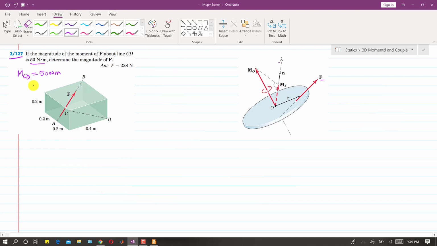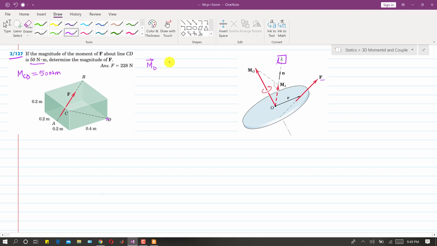So now in this problem we are given this MCD. So consider this CD as that lambda axis, that arbitrary axis, right? So first let's suppose I find the moment about this point D, right? So what will that moment be?